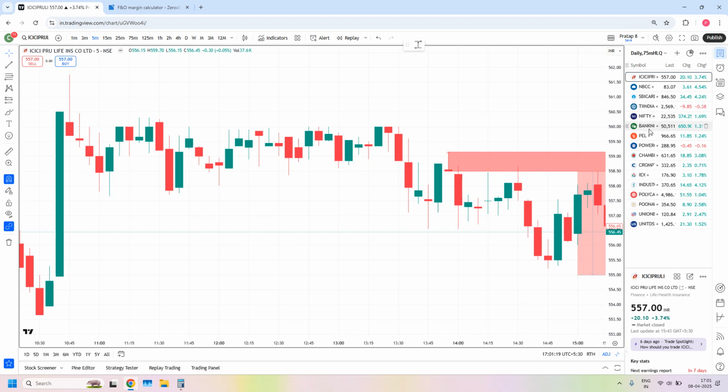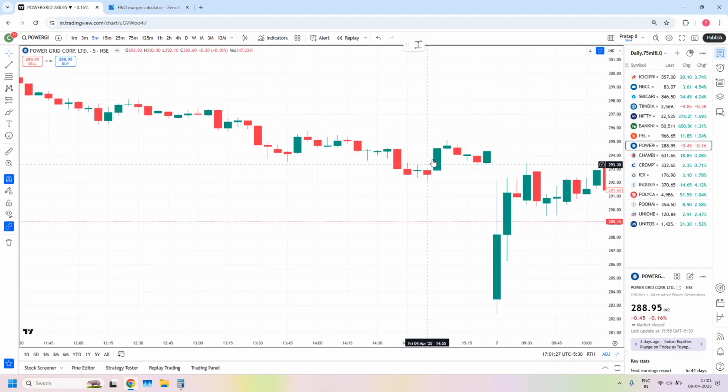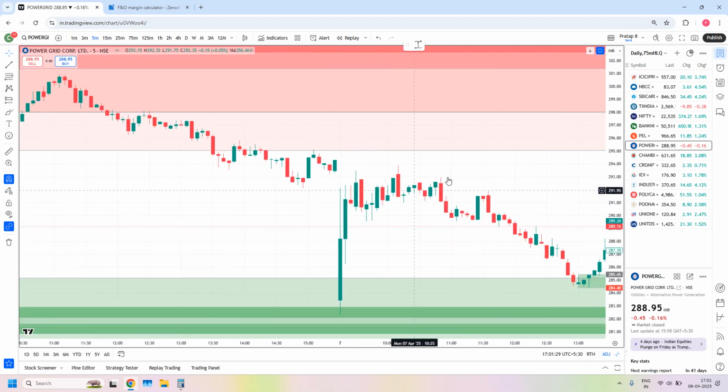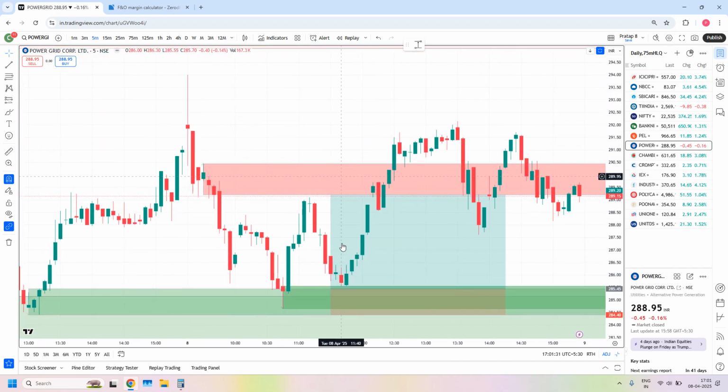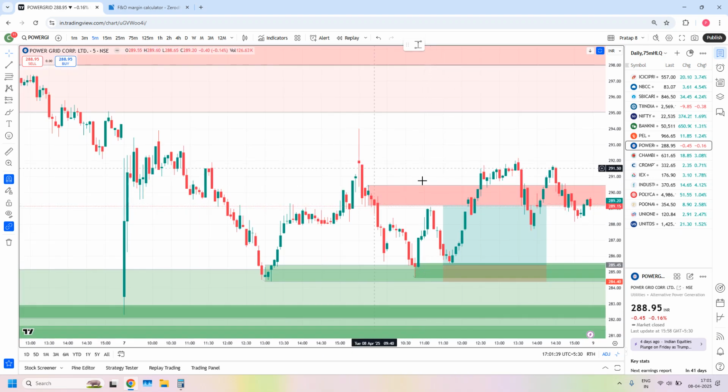Previously we have seen the trade we missed. What is the cost of that stock? Its cost is around 288. Here we have 25 paisa. Approximately I am calculating.